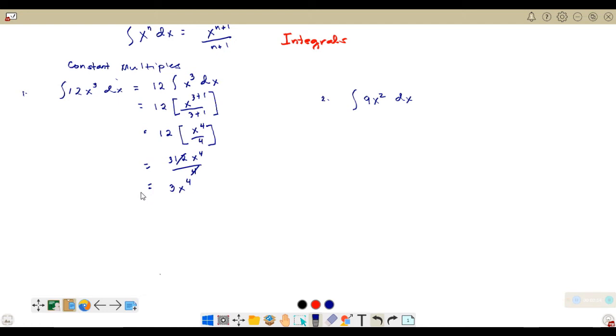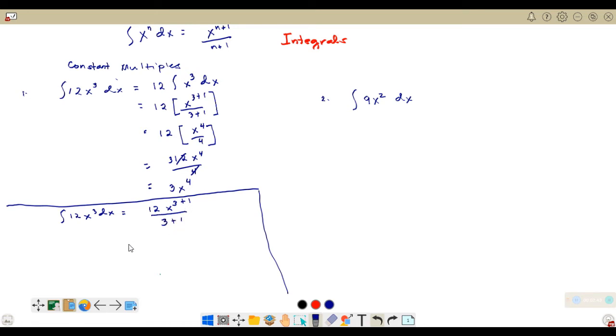Okay? Pwede rin naman na if you want to go straight ahead, we have 12x cubed dx. Multiply na natin diretso. Hindi natin siya tatanggalin. 12x cubed pa rin siya. But add 1 on the exponent.